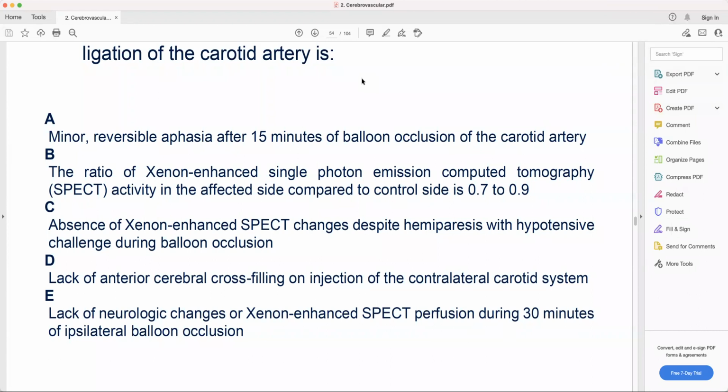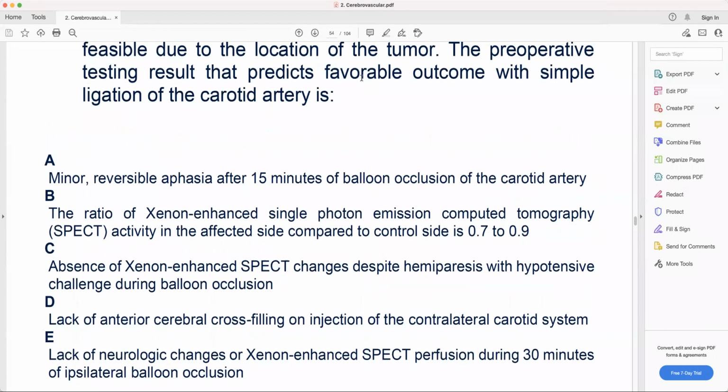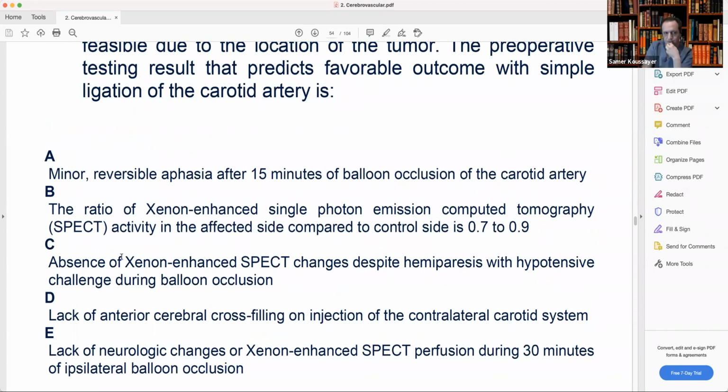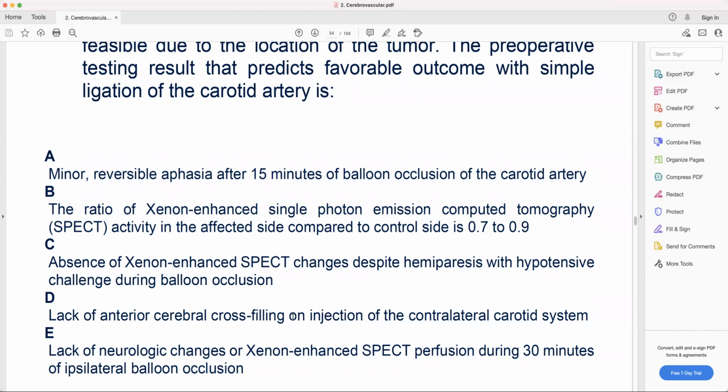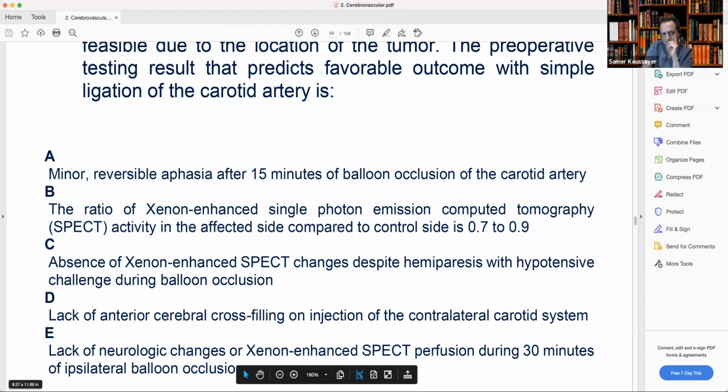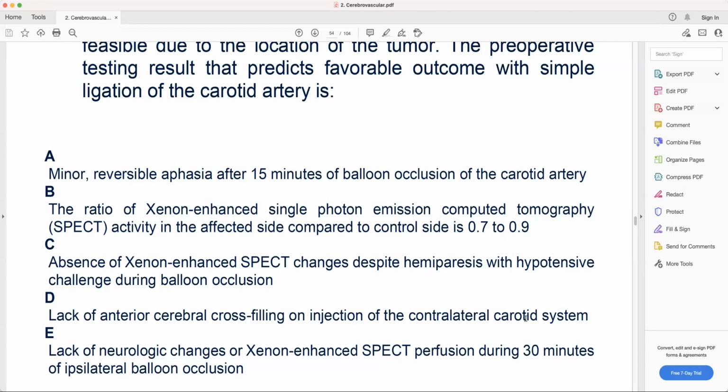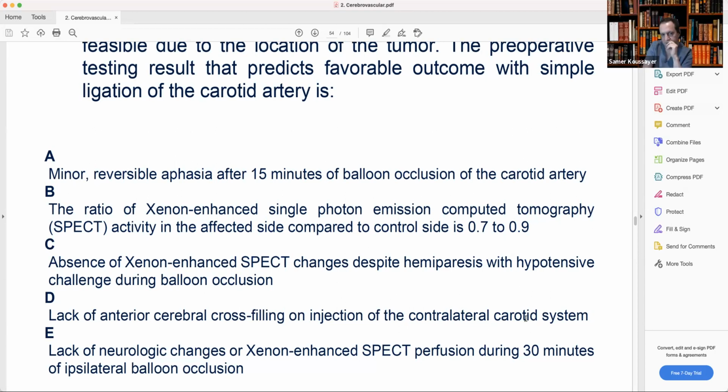This is a good sign, it means you get flow from the other side. So if you don't see the cross-filling, this is a bad sign. Lack of anterior cerebral cross-filling on injection of the contralateral side means you inject and you don't see cross-filling. So it's a bad sign, it's not favorable.